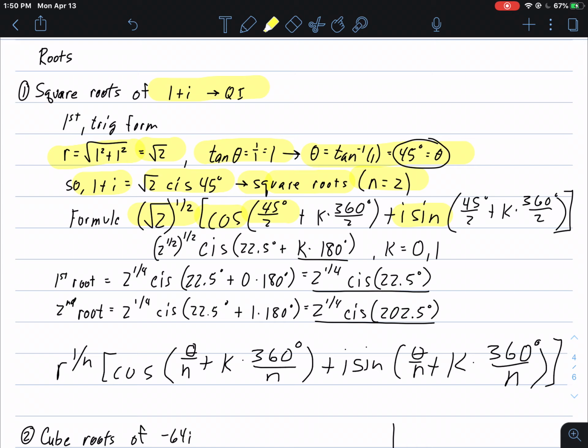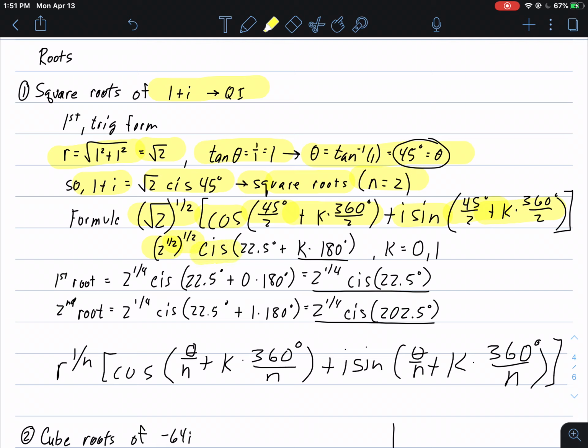Theta was 45, n was 2, plus k times 360 over n, 360 over 2. And again, it's the same in both parts of that, so that's why we just use the cis notation. Now look what I did with the square root of 2 to the 1/2, because we could simplify that. Square root of 2 is 2 to the 1/2. So I just rewrote that as 2 to the 1/2. And then again, it's raised to the 1/2.